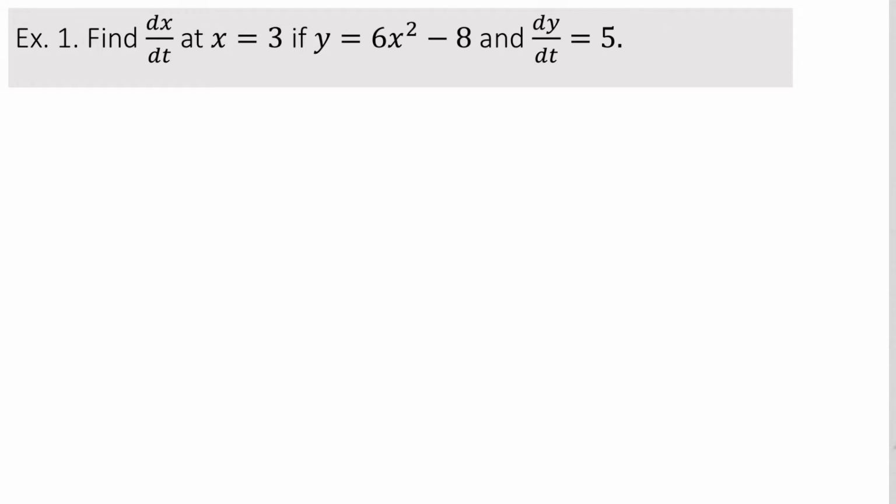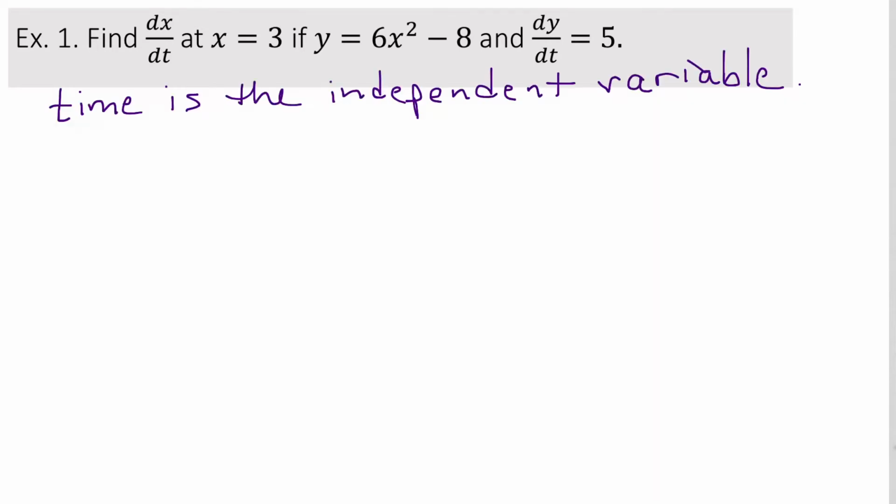So we're going to differentiate with respect to time. Time is our independent variable. So my equation is y is equal to 6x squared minus 8. I'm going to differentiate both sides with respect to time.